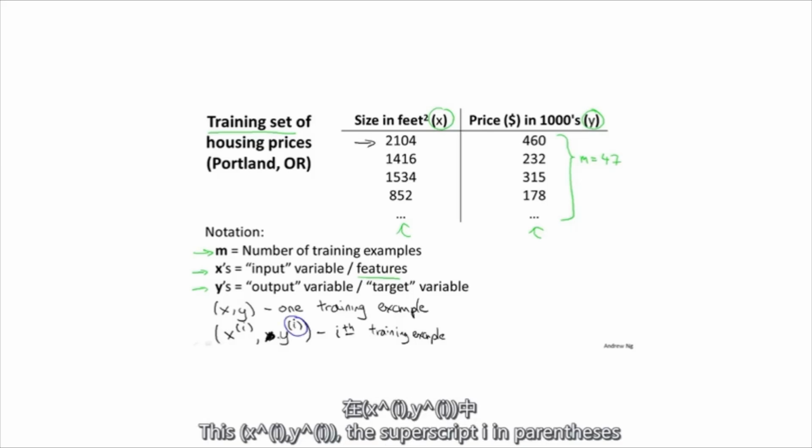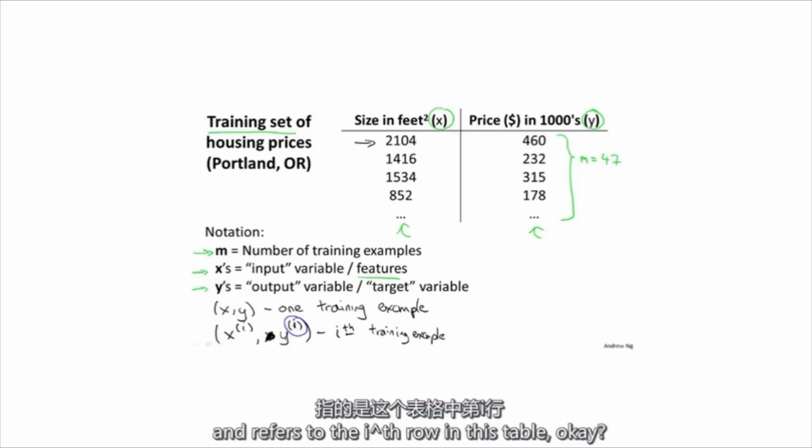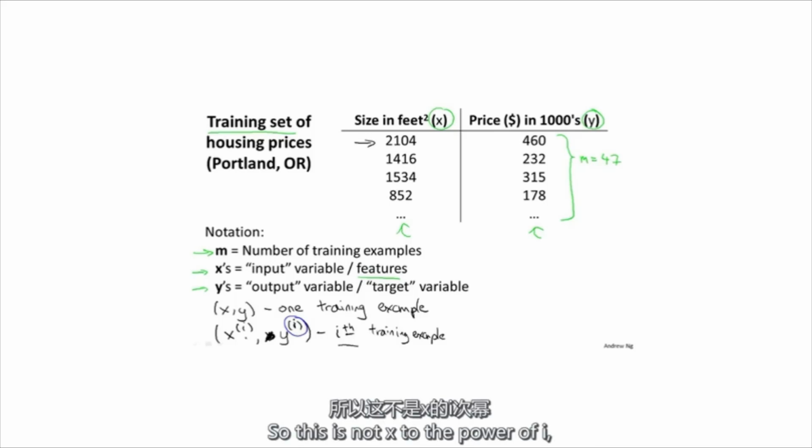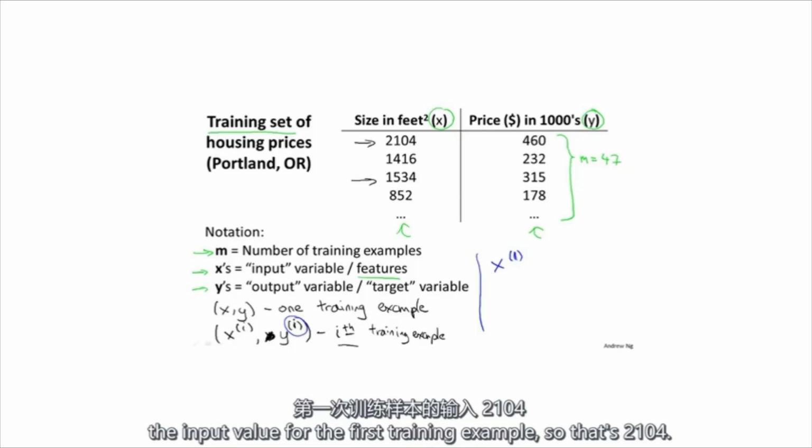This (x^(i), y^(i)), the superscript i in parentheses, that's just an index into my training set, and it refers to the ith row in this table. Okay, so this is not x to the power of i, y to the power of i. Instead, (x^(i), y^(i)) just refers to the ith row of this table. So, for example, x^(1) refers to the input value from the first training example.